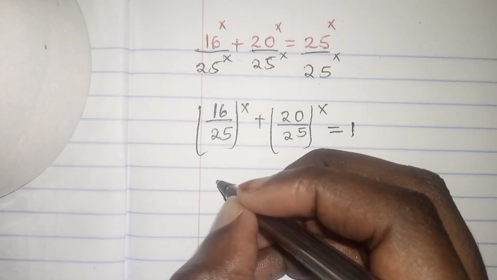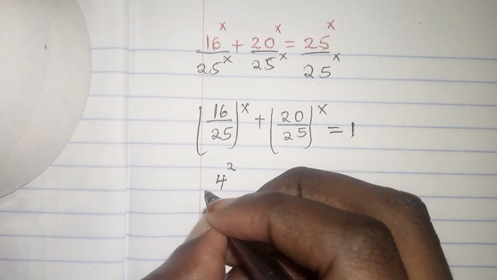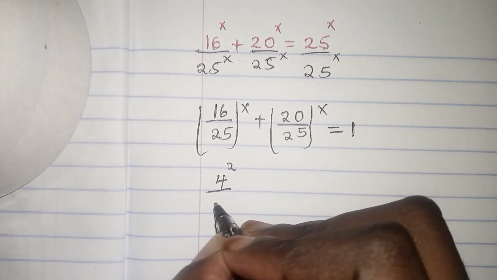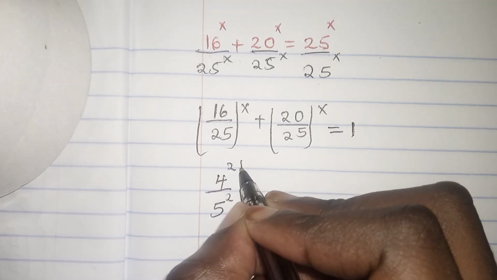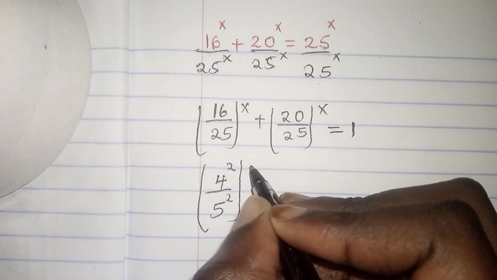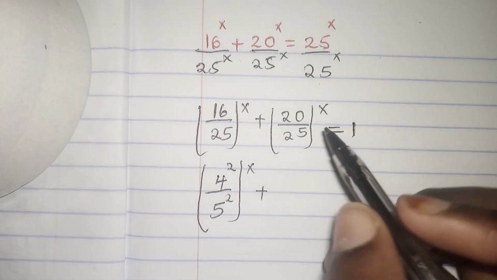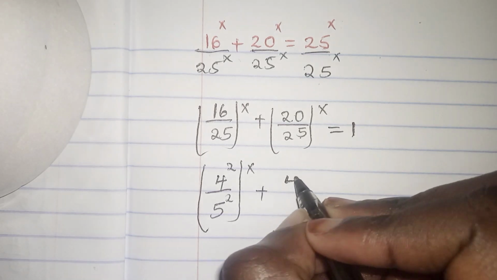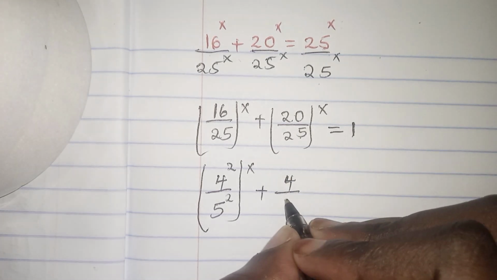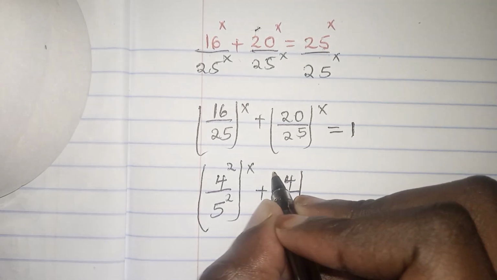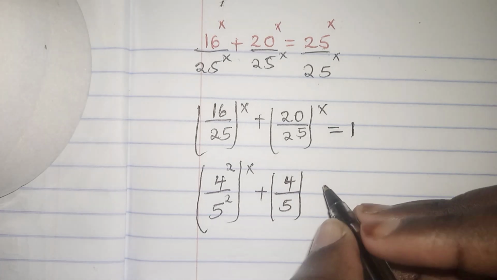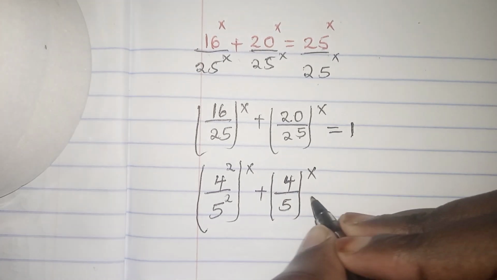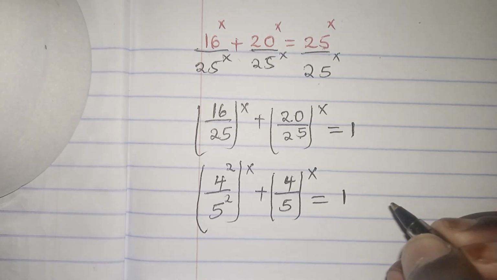Okay, so our next step, 16 we can write as 4 squared, over 25 we can write as 5 squared, all this to the power of x, plus, if we simplify this, 4 over 5, all this to the power of x, is equal to 1.